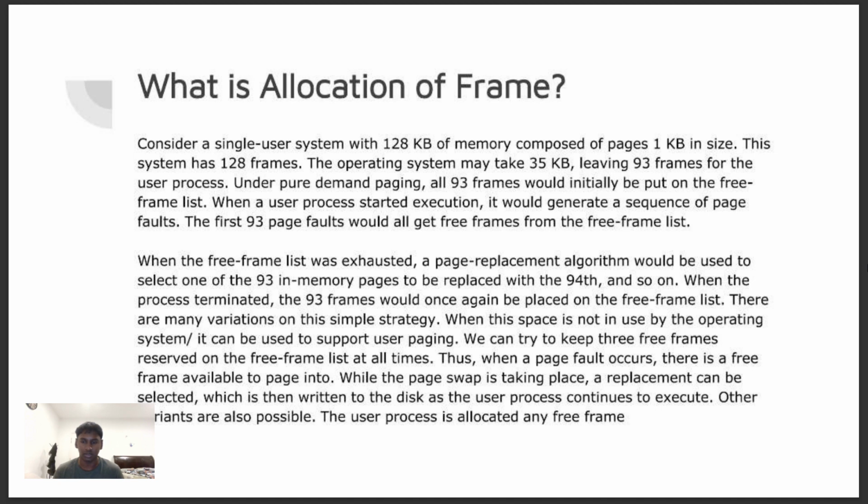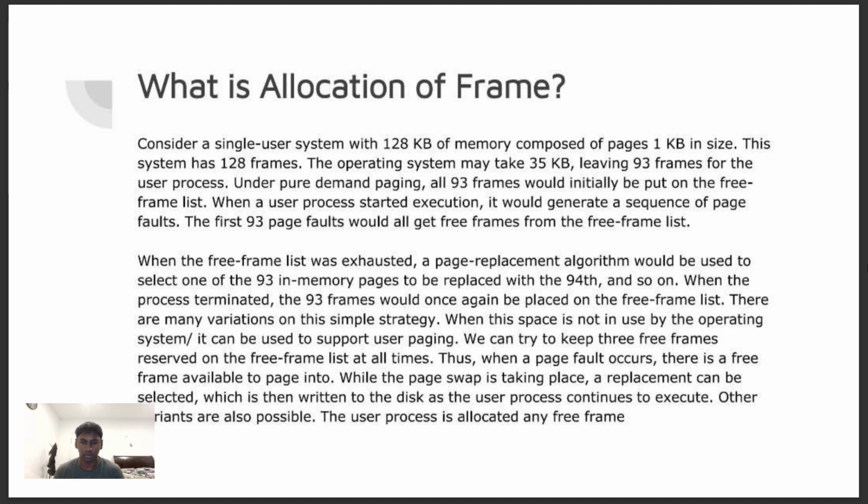When this space is not used by the operating system, it can be used to support user paging. We can try to keep three free frames reserved on the free frame list at all times. Thus, when a page fault occurs, there is a free frame available to page into.